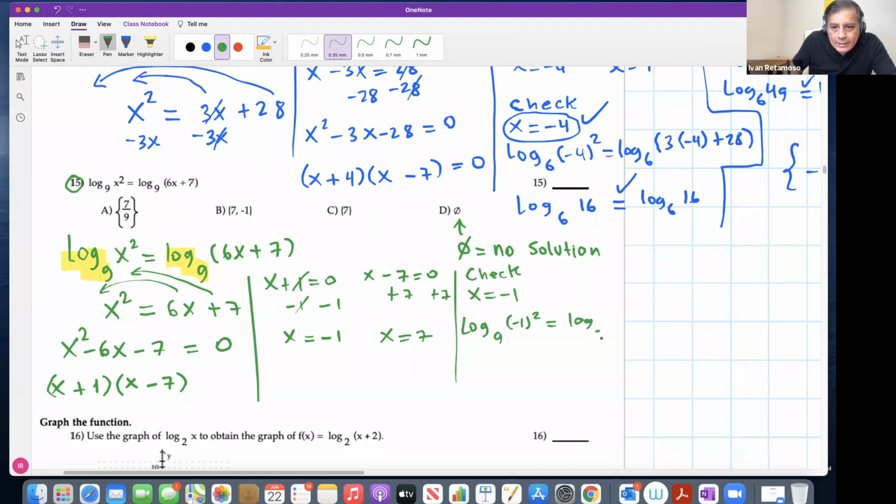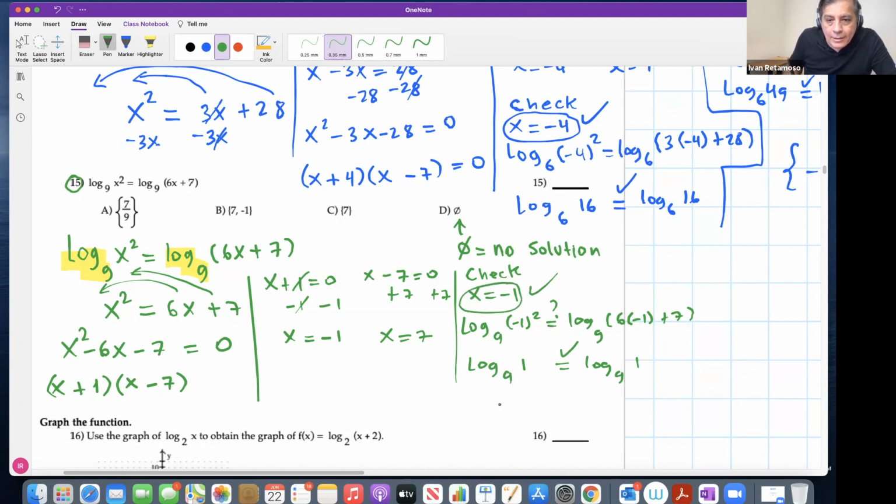Here, log base 9 of 6 times -1 plus 7. And I gave you this shortcut: just make sure that the arguments are positive. If the arguments are positive, this will check. So let's follow the shortcut. This is 1, positive. This is log base 9 of 6 times -1, that's -6 plus 7, 1, positive. So this will check, as you can see. So this is good.